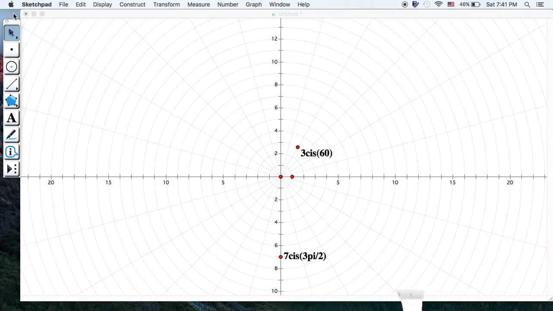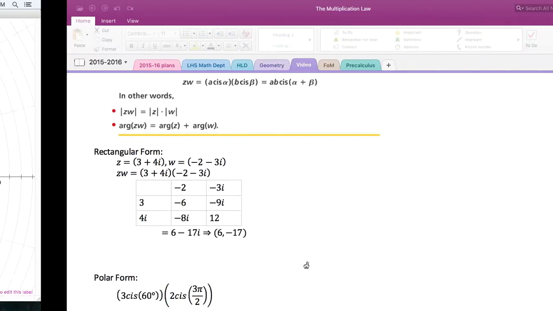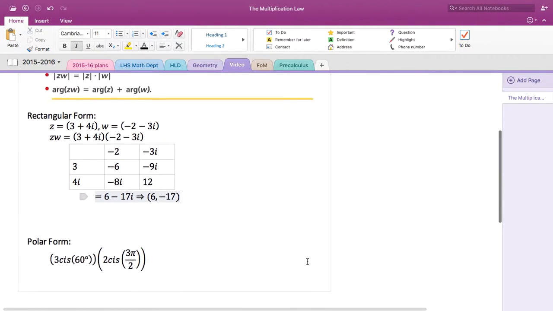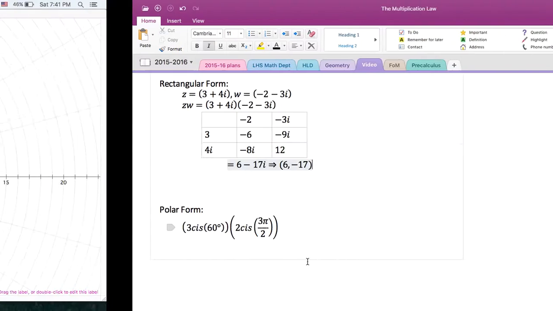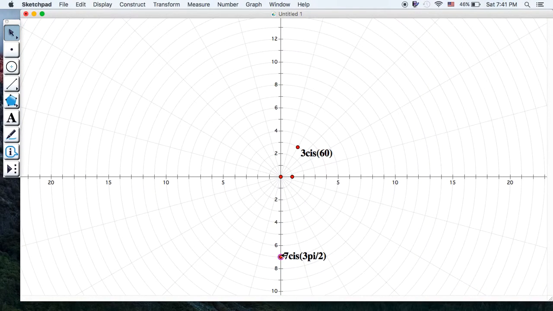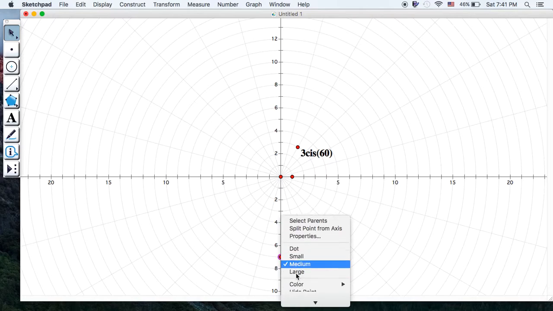So how do we multiply these, 3 CIS 60 degrees and 2 CIS 3 pi over 2? Oh, here it says 7, so let's just do 2.